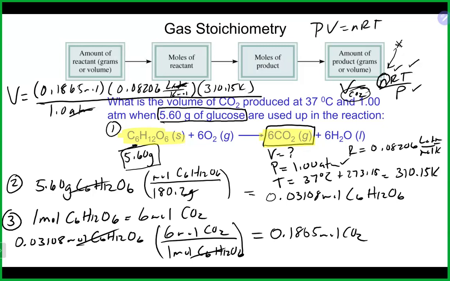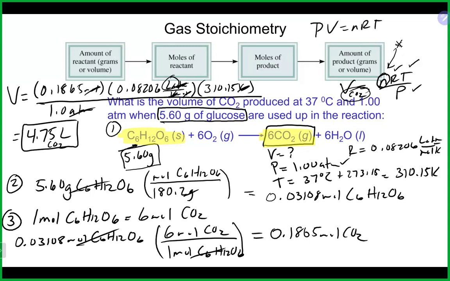Atmospheres will cancel, Kelvin will cancel, and moles will cancel. It's going to leave us our volume in liters in this case. And if we do that, we will end up with basically 4.75 liters of CO2 in this case.